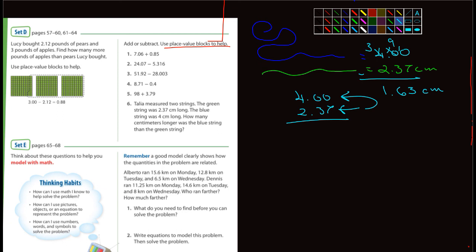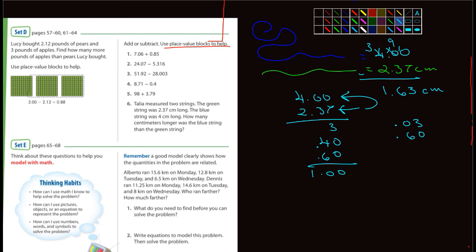Well, if I added 3 hundredths, 0.03, that would bring me to 2.4. And how much of those would I have to add to become one whole number? I'd have to add 6 tenths, and that would then become 1.